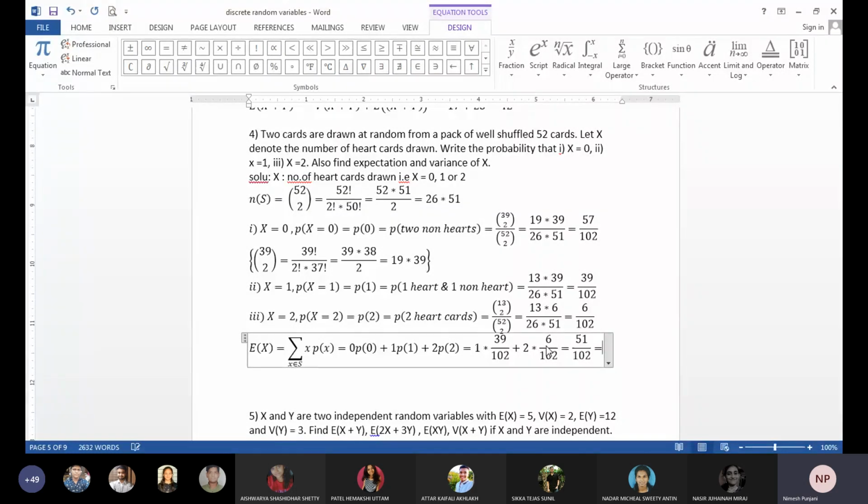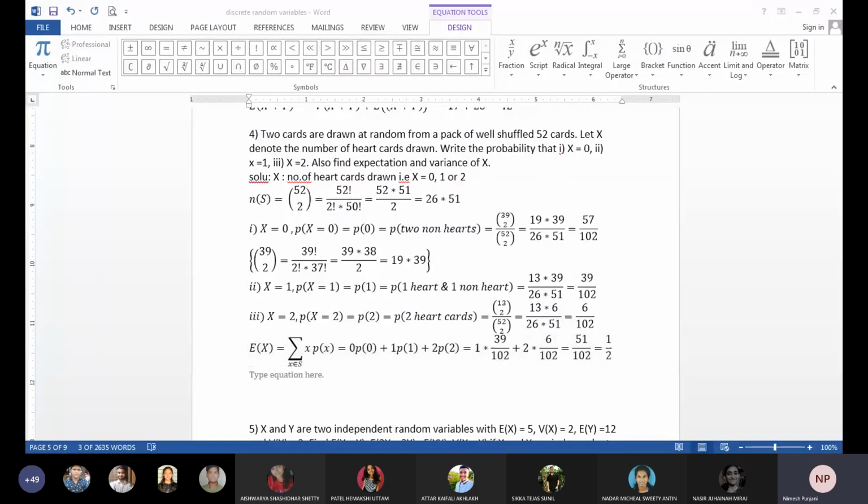That is nothing but half. So मेरा expected value is coming to be half. Okay, expected value is coming as half. That is same as 0.5.